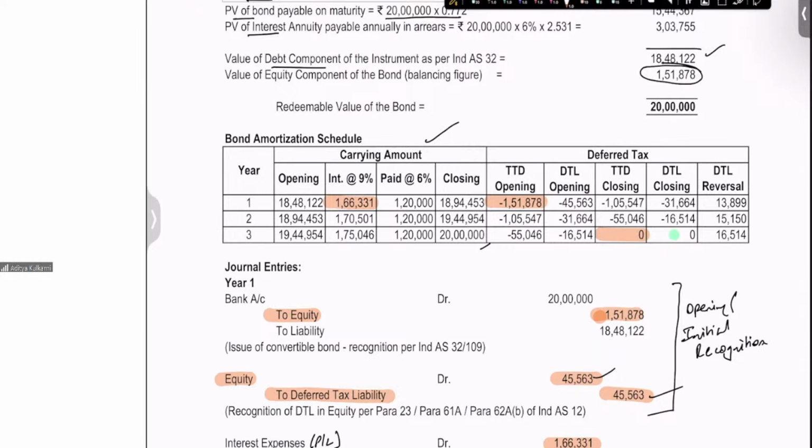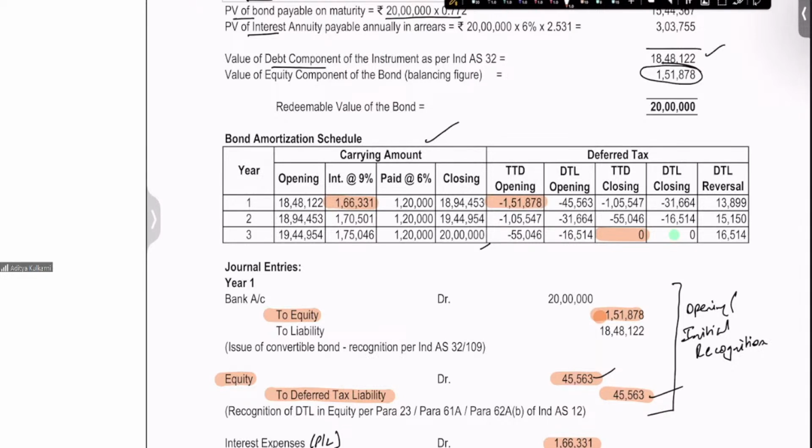The deferred tax reversal is happening because of the interest which is recognized on the basis of the effective interest rate. That interest was recorded in the profit and loss. This 1,66,000 has gone in the profit and loss.